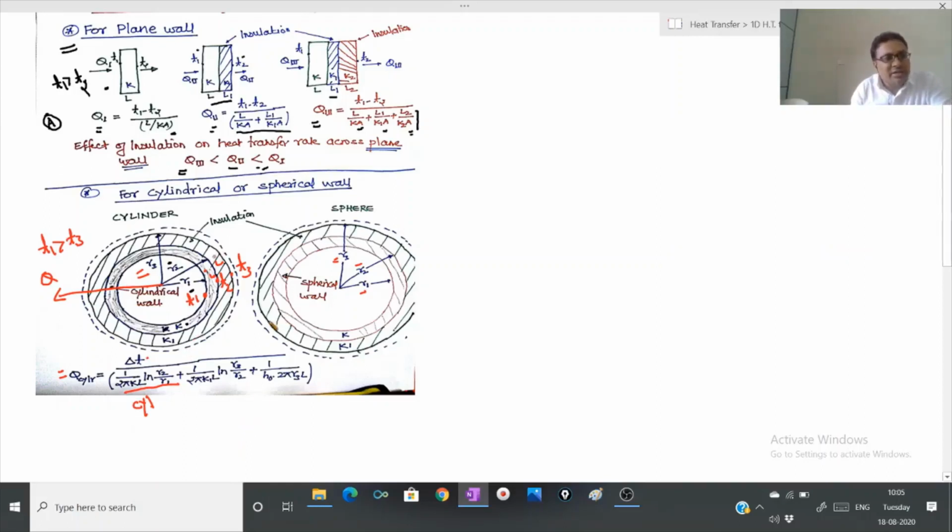The second thermal resistance is offered by this insulating material layer having thermal conductivity K1. It can be calculated by 1 over 2 pi K1 L log of R3 over R2.